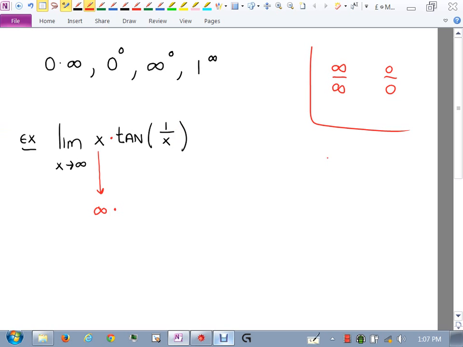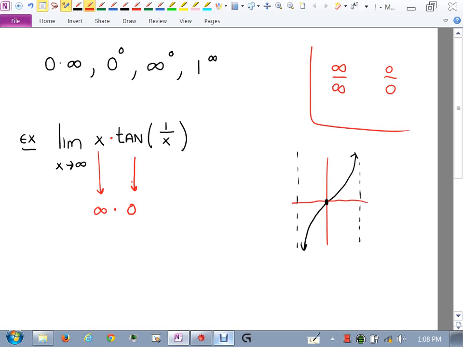Well, it depends on your recollection of what tangent looks like. This is what tangent looks like. And what is tangent of 0? 0. You can see it right there at the origin. Tangent of 0, 0. So as this becomes closer and closer to 0, tangent is going to get closer and closer to 0. So you're getting infinity times something that's getting close to 0.